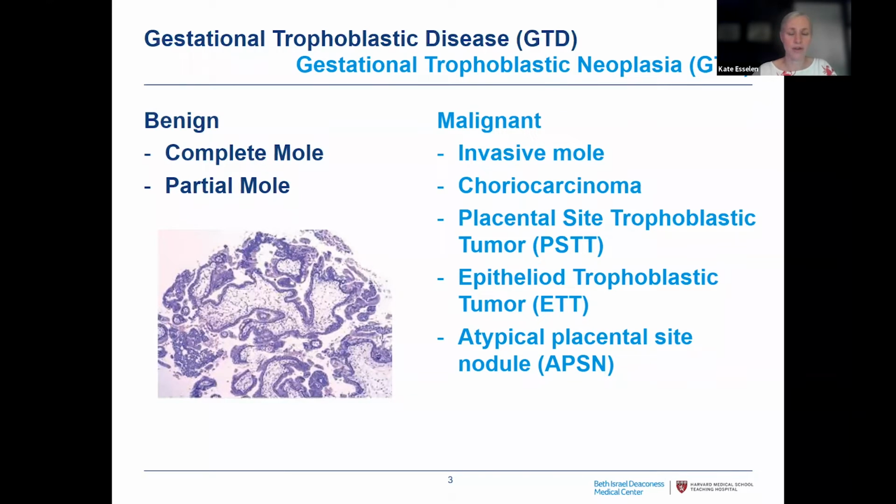All of these are malignant forms of gestational trophoblastic disease. Today we're going to talk about both the benign and low-risk malignant forms of disease.